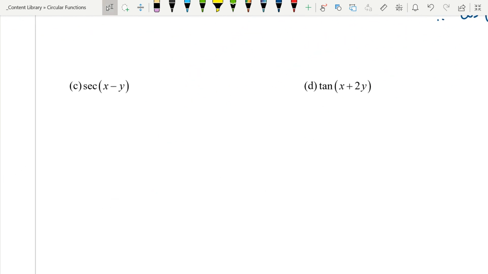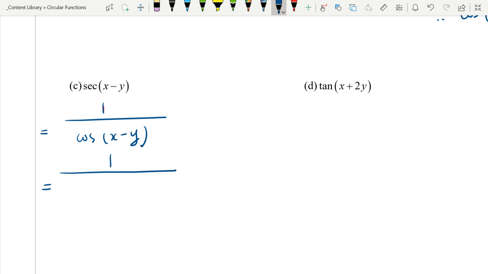Okay, x minus y. What's cosine of x minus y, what's the formula?